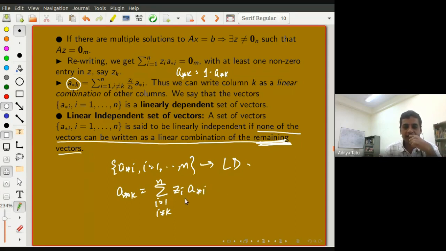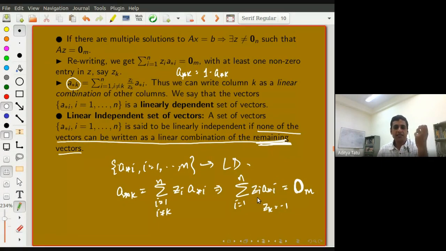Now I can take everything to the left hand side to get a*k plus the sum over i from 1 to n of zi a*i equal to the 0 vector.